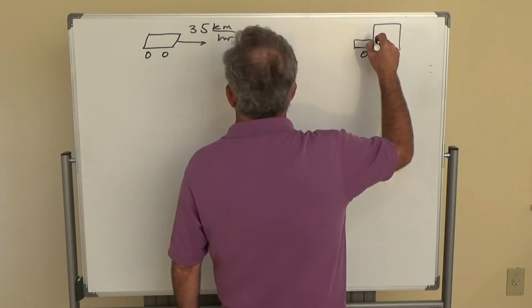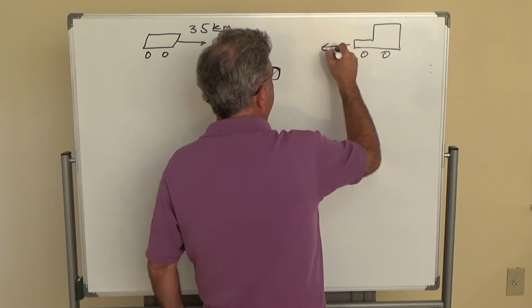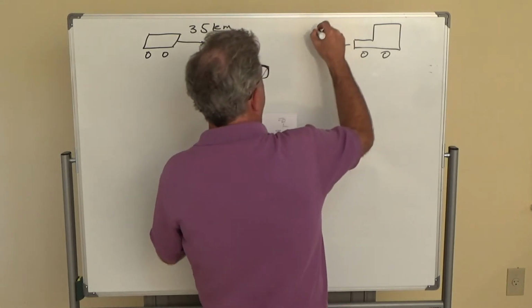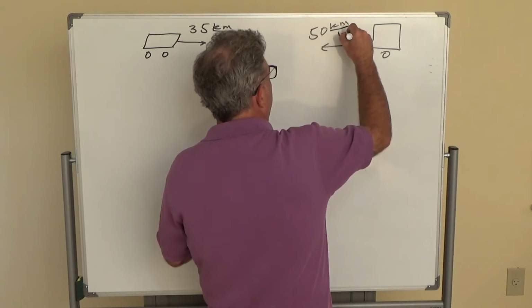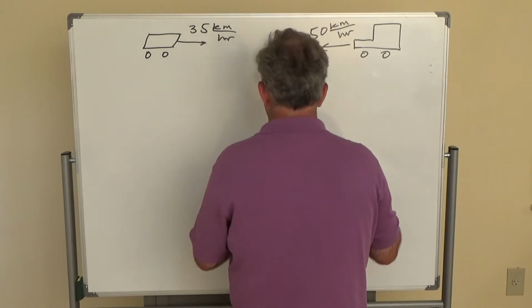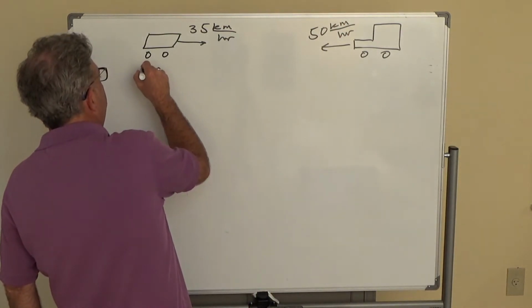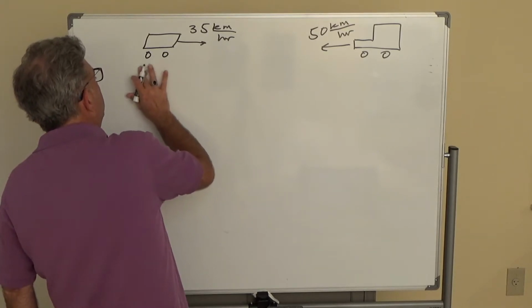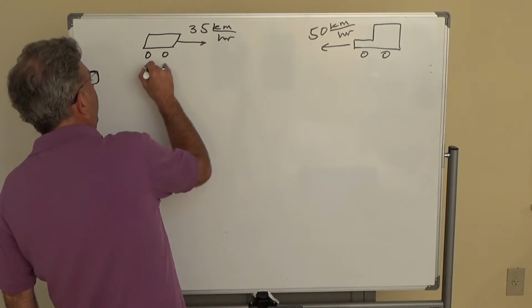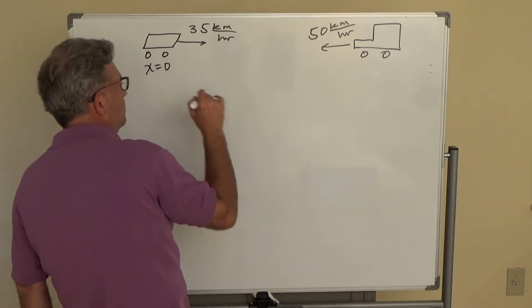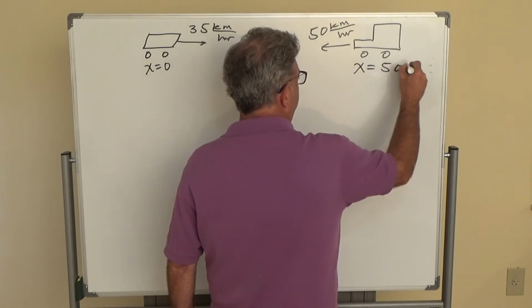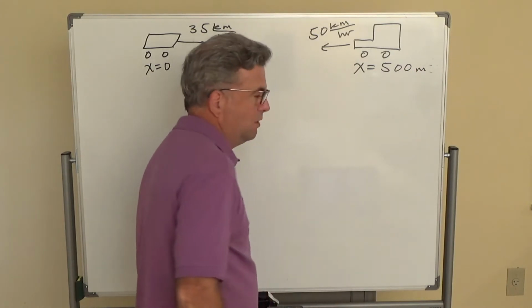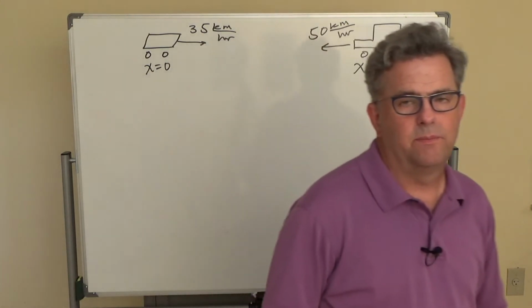And it's traveling at 50 kilometers per hour in the opposite direction. This is, let's say x, I'll just call this x equals 0. And down here is x equals 500 meters. So half a kilometer.